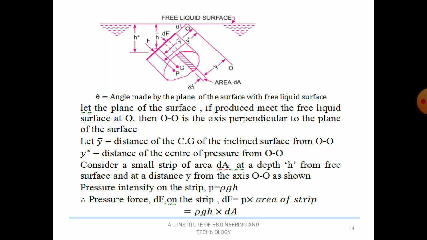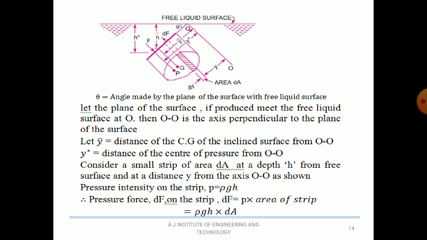Consider a small strip of area dA at a depth h from the free surface and at a distance y from axis OO as shown in the figure. You have to consider just one small strip, similar to the vertical surface. Pressure intensity on the strip is p equal to rho g h.